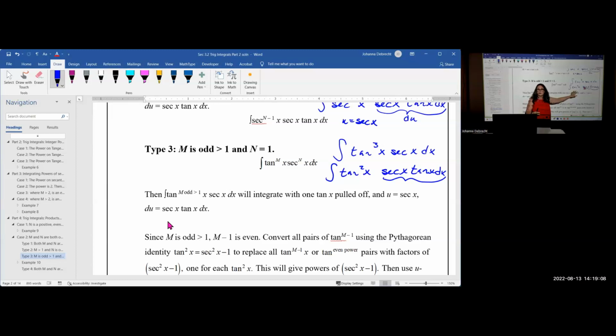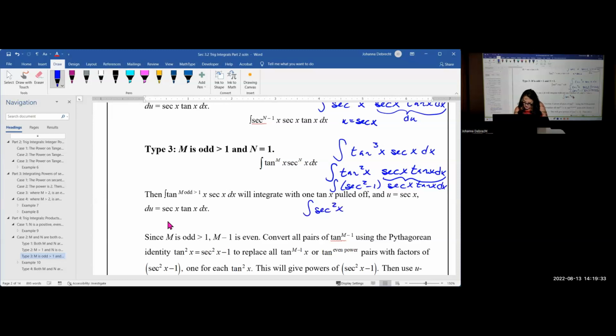So what do I do? Well, I do a Pythagorean identity substitution, and I replace the tangent squared with secant squared minus 1. So this would become secant squared minus 1 times secant x tangent of x dx, which would split into 2 integrals.